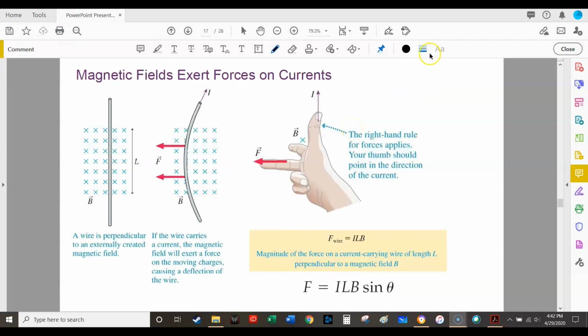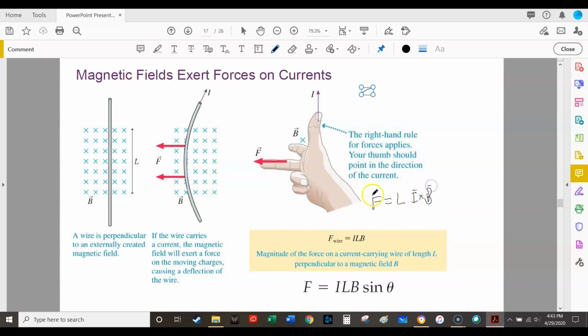So just like before, how do you quantify this? Well, it's quantified by the current times the length of the wire. Actually it's the length of the wire times the current, and I should probably write down what I'm talking about. Length of the wire, and it's going to be I cross B, right?